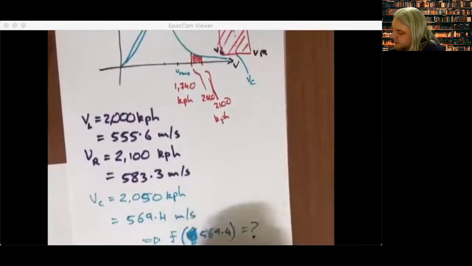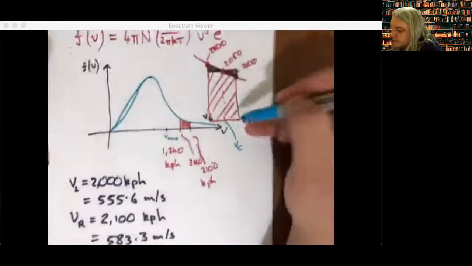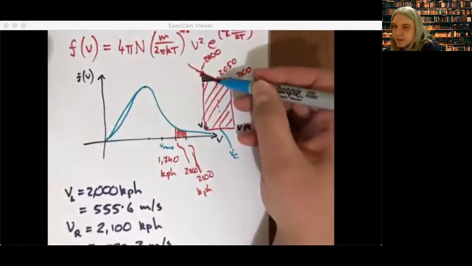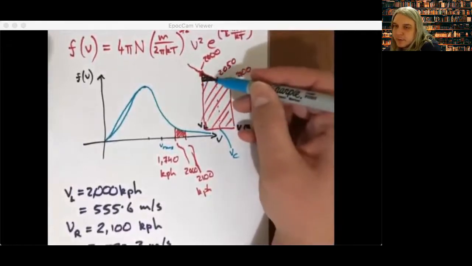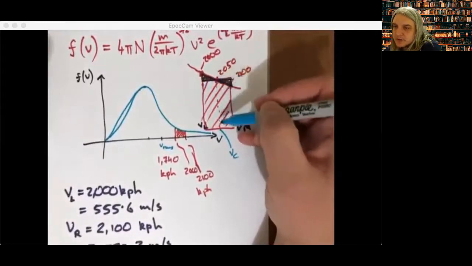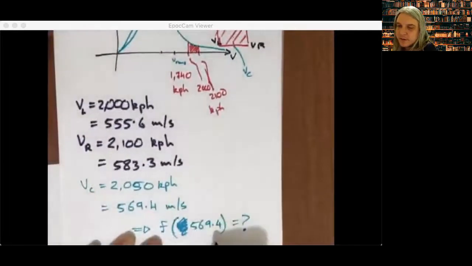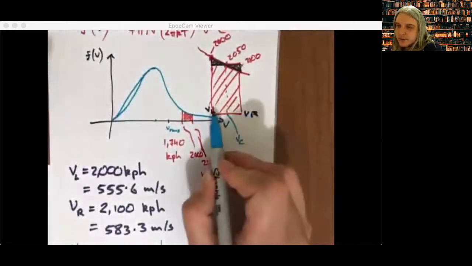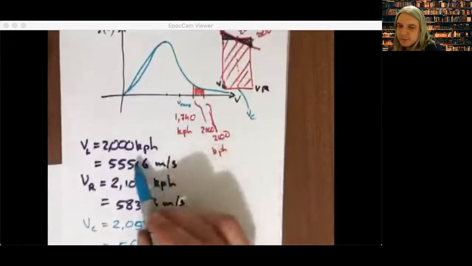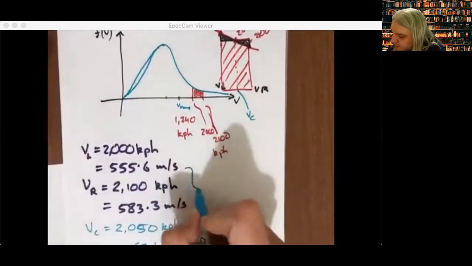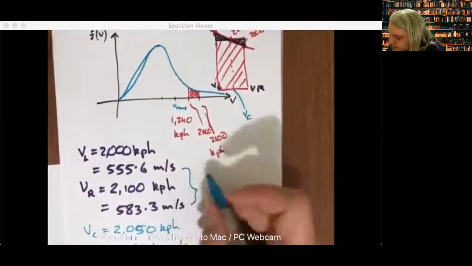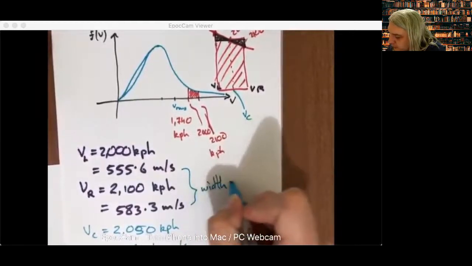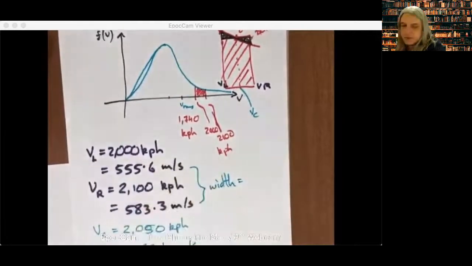So we've got everything set up now. Once we know this, that tells us the height of the function at that point. And since we want the area, we need the height of the function times the width, the difference between VL and VR, and we've just calculated them. So the width is equal to the difference between these two, right?